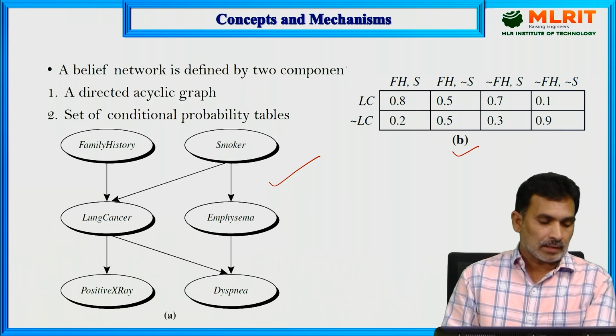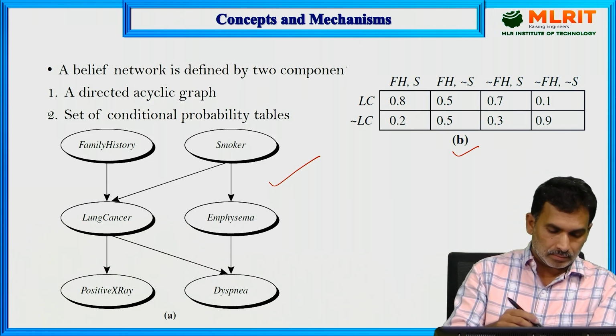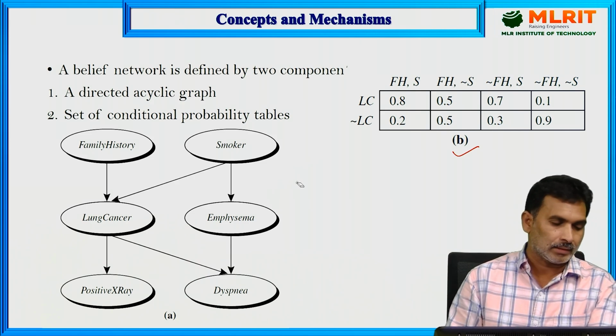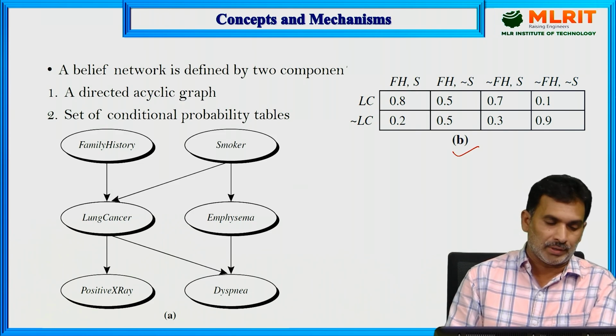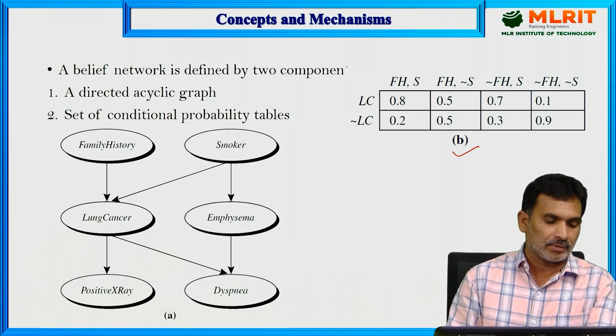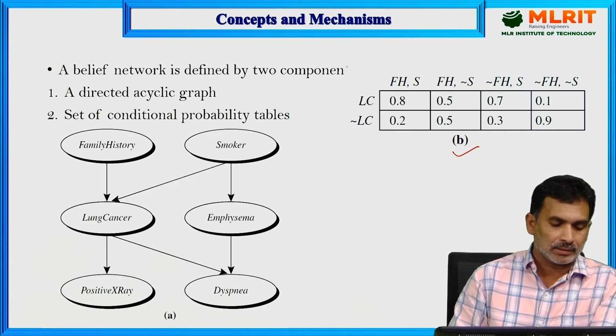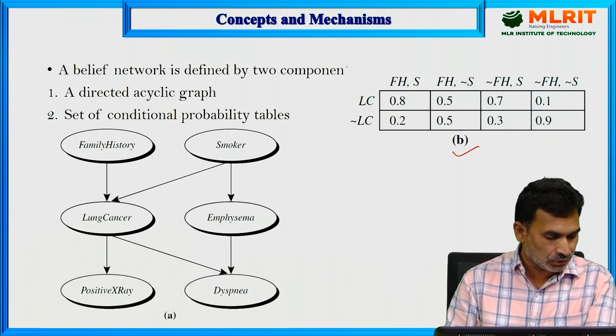So a belief network is defined by a directed acyclic graph, DAG, and a set of conditional probability tables, CPT for short.